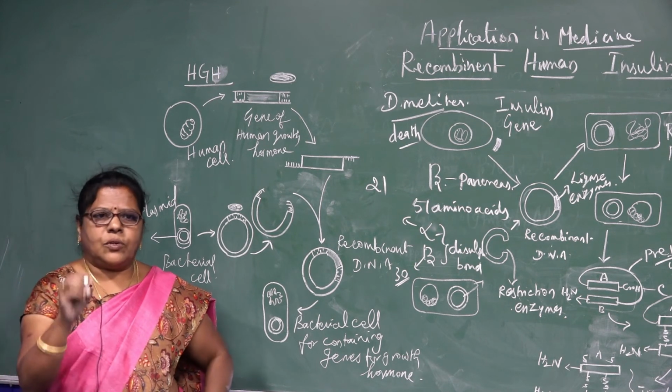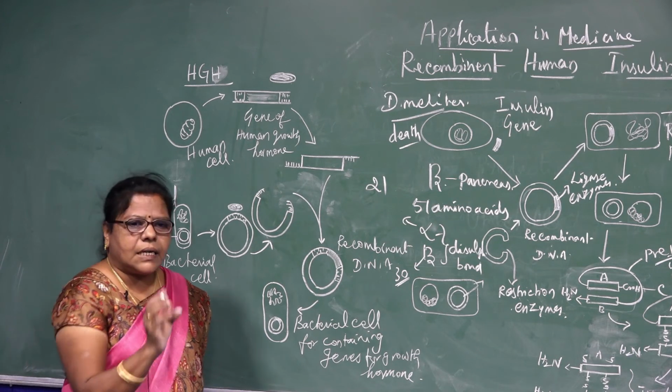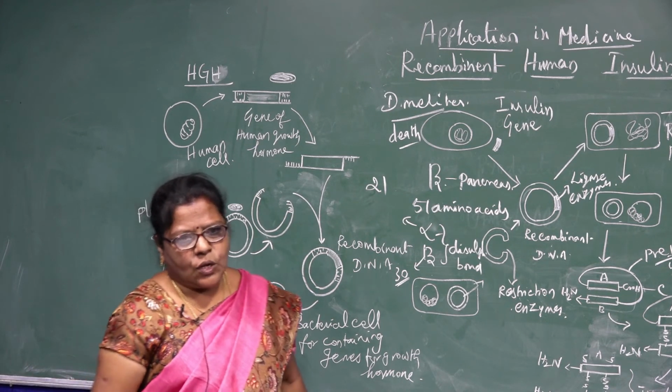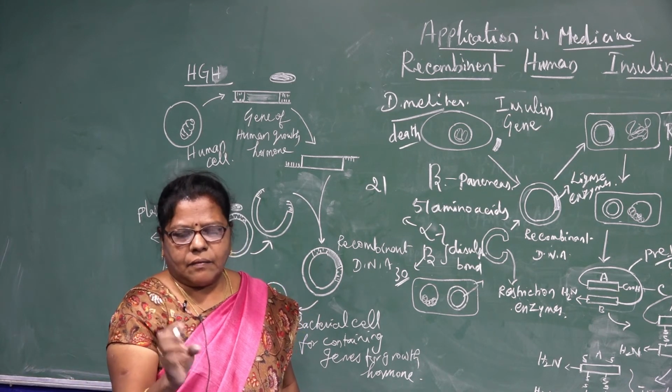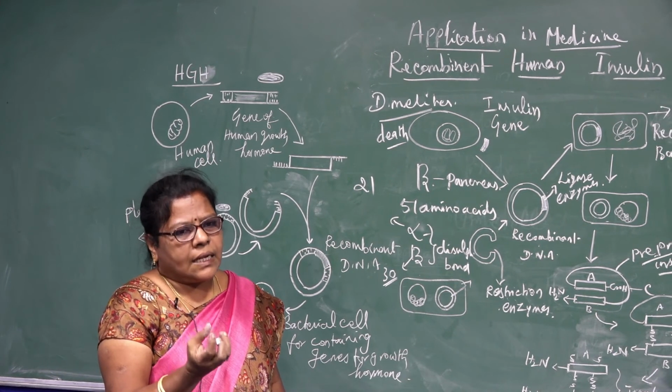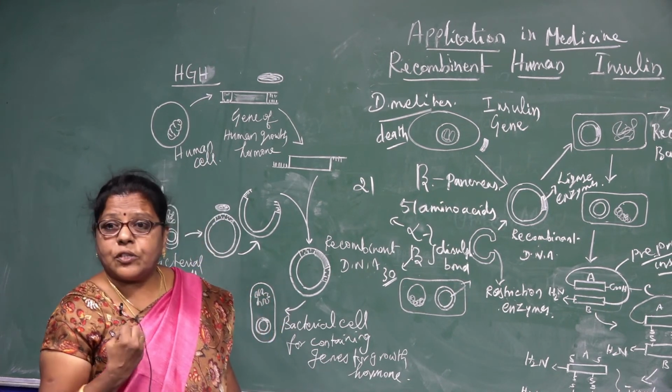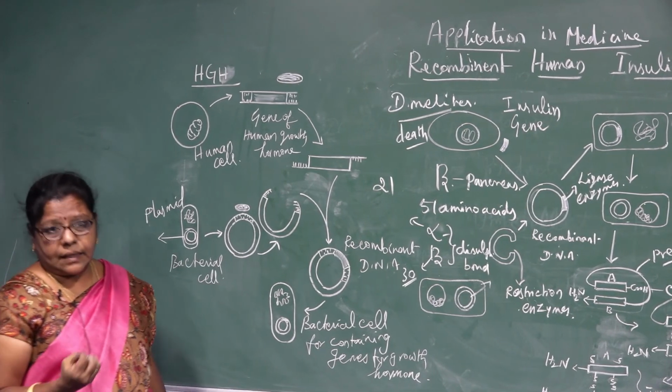Whenever the growth hormone amount decreases in the body, it leads to dwarfism. To avoid this disorder, we use synthetic growth hormones. These growth hormones are produced by the recombinant DNA technique.